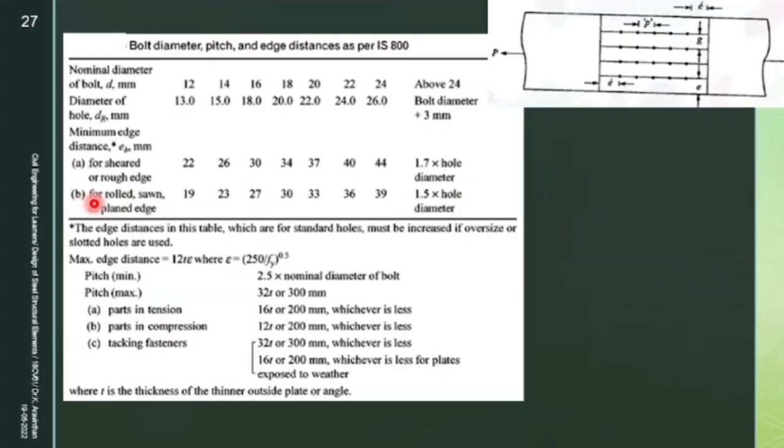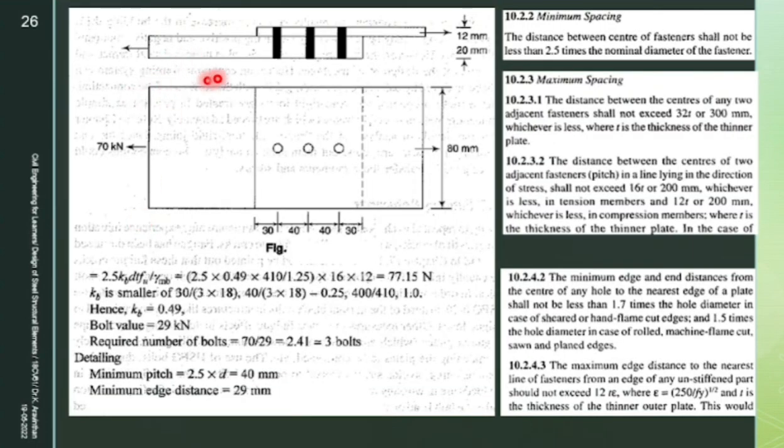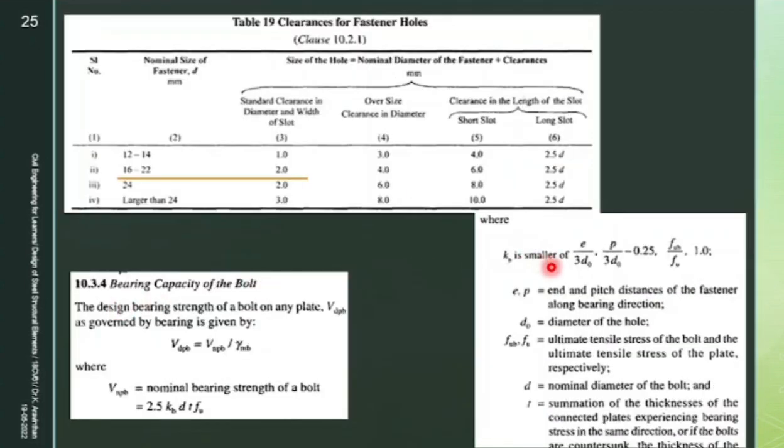If you are using a planed edge, so your plates are having definite edge, yes or no? It is a definite edge, hence you can use 1.5 times the dia of the hole. 27. Now you can find KB.